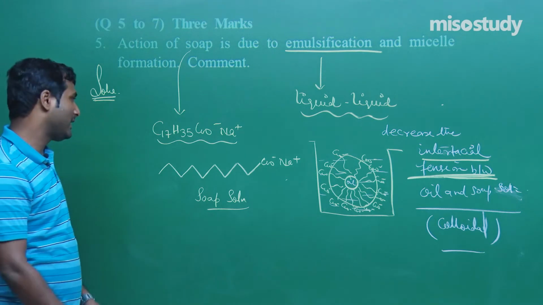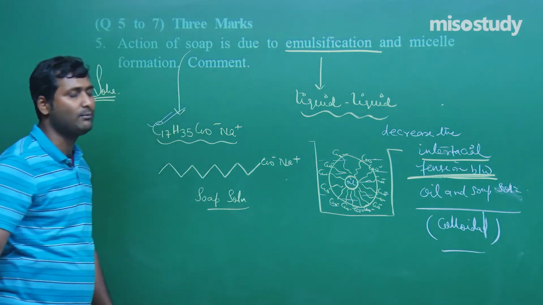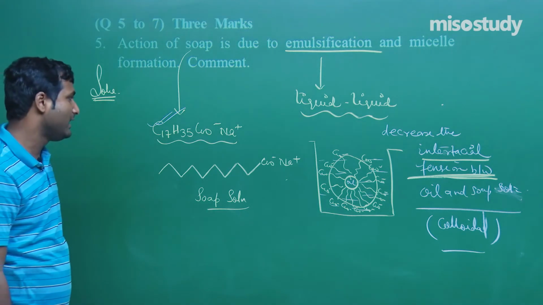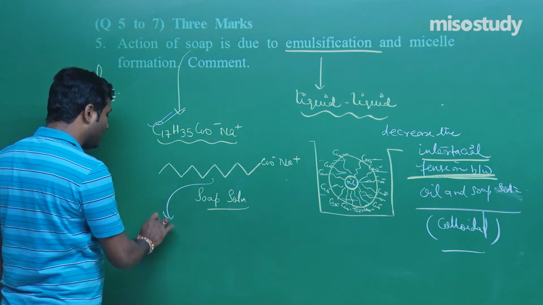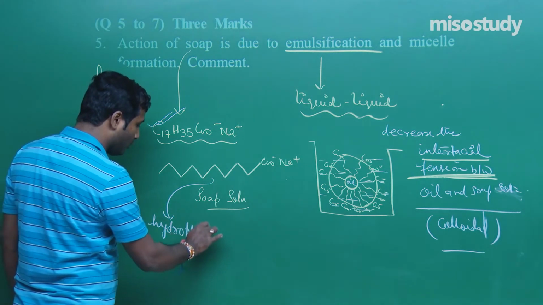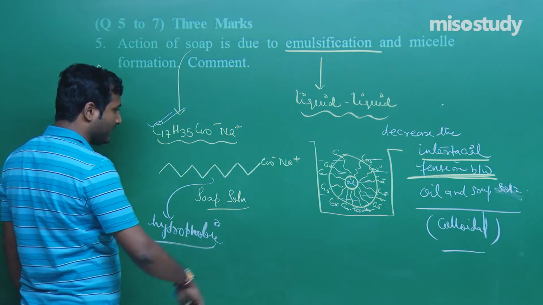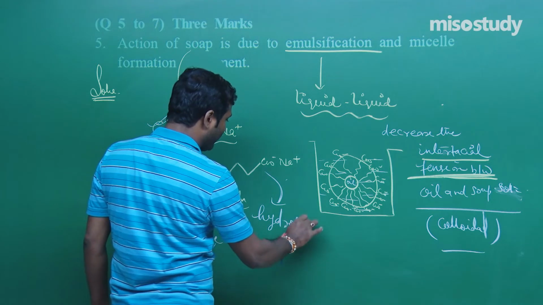Clear to you? Again I am repeating, as we know, soap is the sodium or potassium salt of a fatty acid. It has a long hydrocarbon chain which is hydrophobic, that is water repelling, and COO⁻, which is hydrophilic.